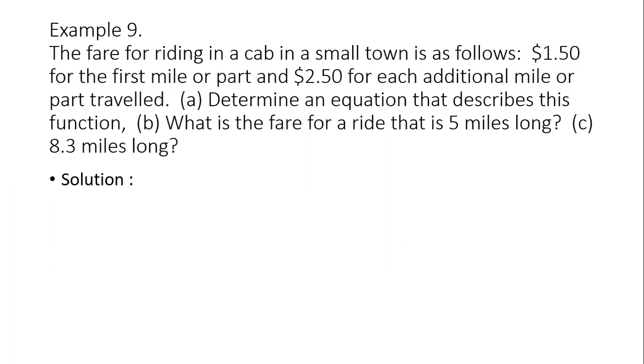Part A, determine the equation that describes this function. B, what's the fare for a ride that is 5 miles long? C, 8.3 miles long. Okay, let's start with part A here.